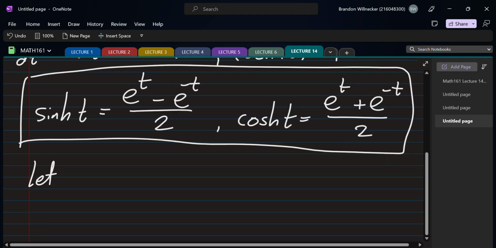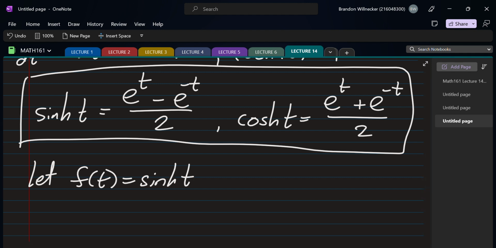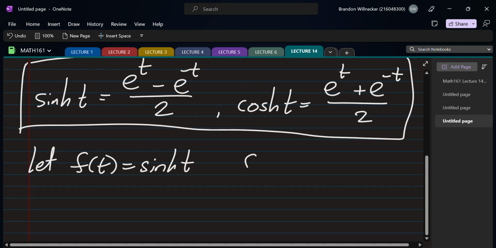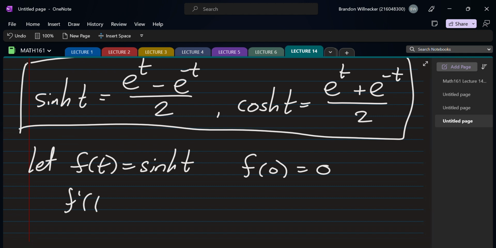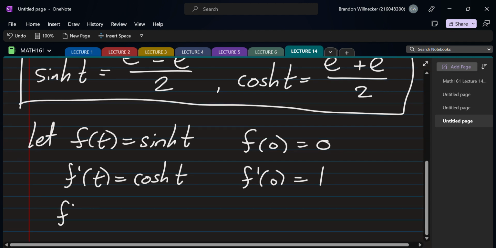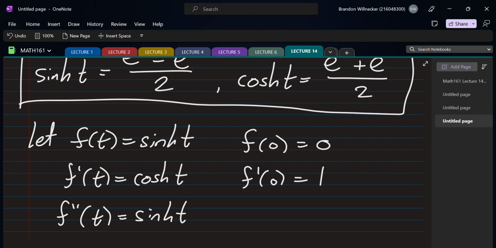Let's say f of t is sine hyperbolic t. Then f at 0 is 0, from above. F prime is cos hyperbolic t, so f prime at 0 is 1. F double prime at t is sine hyperbolic t, so f double prime at 0 is 0.